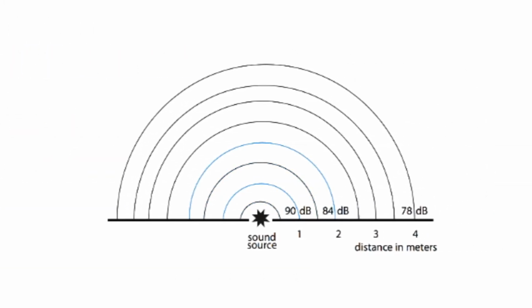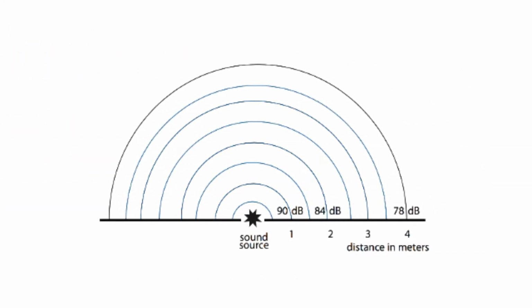Since sound waves spread out as they travel away from the source, the sound intensity decreases over time, which means that the farther the listener is away from the source, the quieter the sound is. Sound is something that most of us take for granted, and rarely do we even consider the physics involved with it.